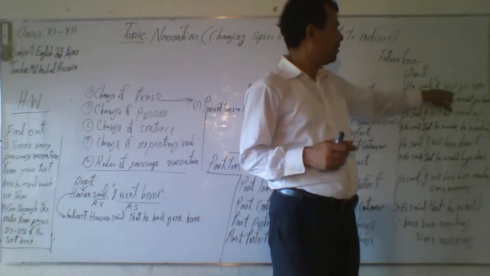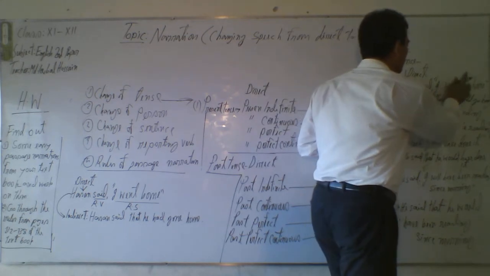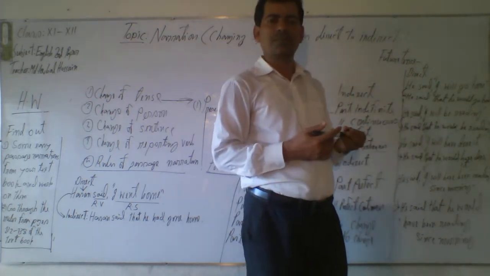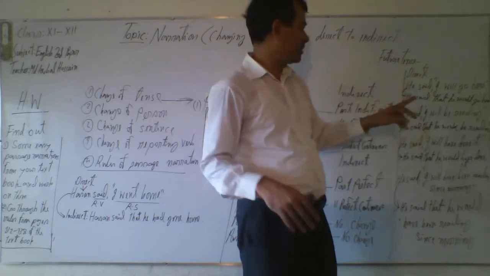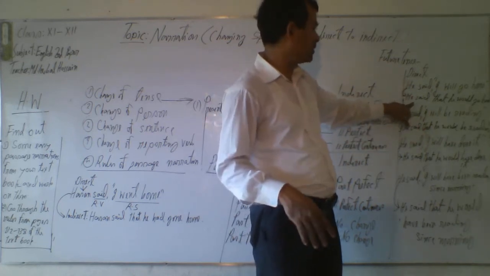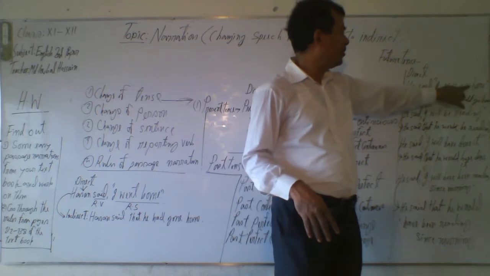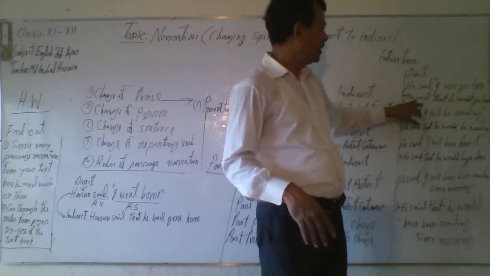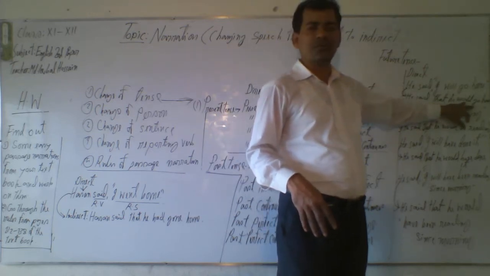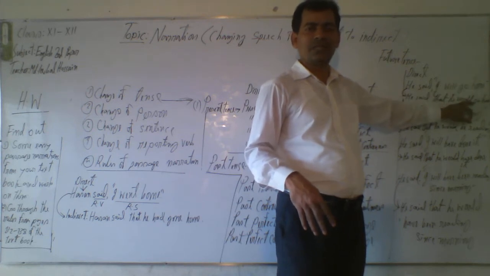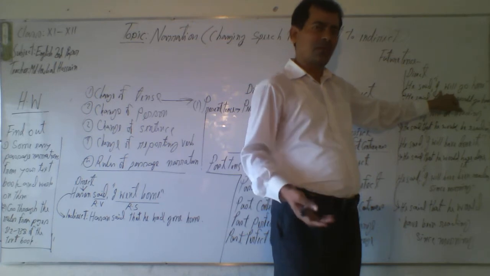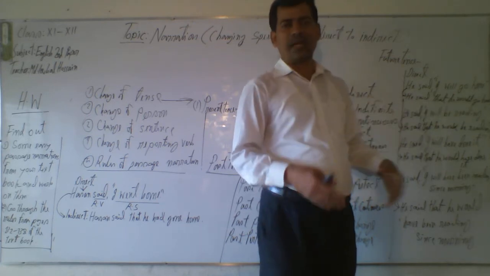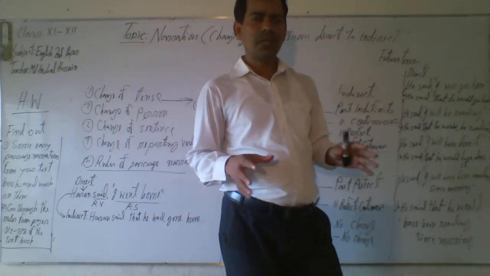And here you need to change the modal auxiliary will, and you need to change the person, nothing else will change, no verb will change. He said, I will go home. In indirect narration you have to write, he said that he would go home. Only will has changed into would, and the subject I has changed into he.